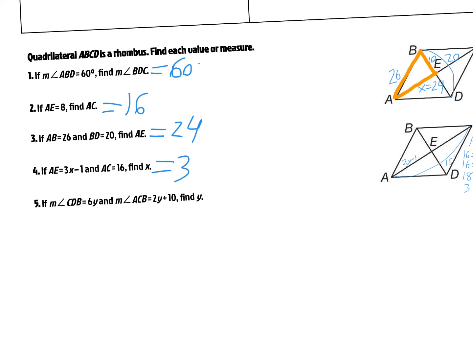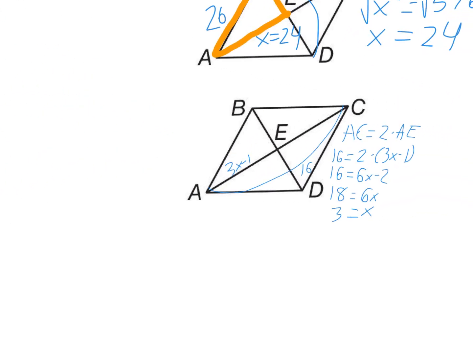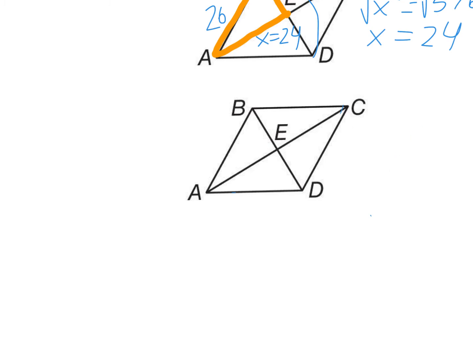Last one. If CDB is equal to 6y and ACB is equal to 2y plus 10, find y. So we have our CDB of 6y and our ACB of 2y plus 10.